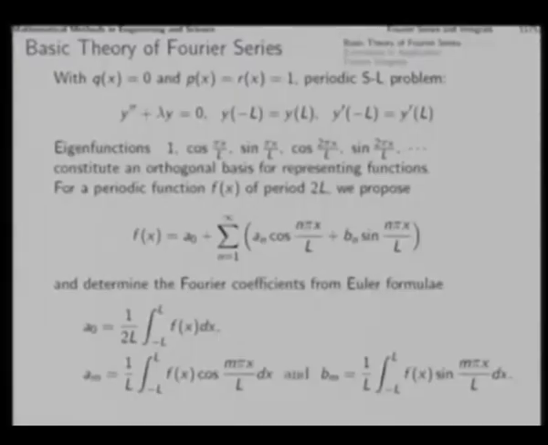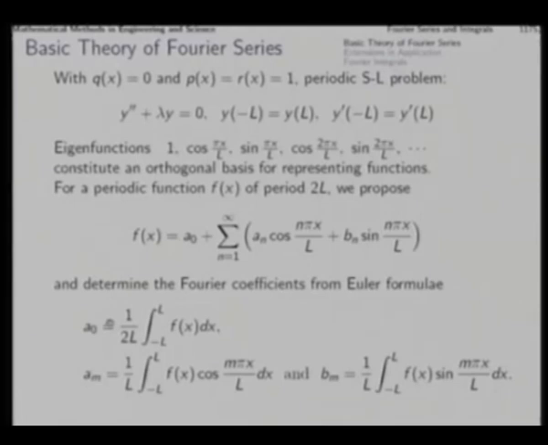Now, you might make a note that in the case of the coefficients of cosine and sine terms here, we are dividing by L to get this coefficient, but in the case of finding the coefficient corresponding to the first eigenfunction 1, we are dividing this integral by 2L.